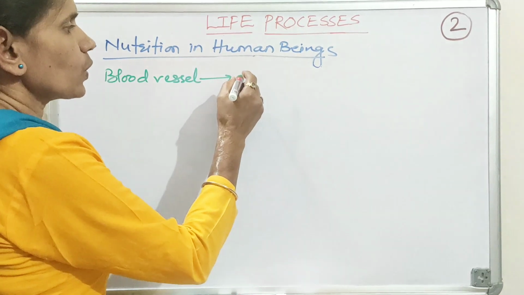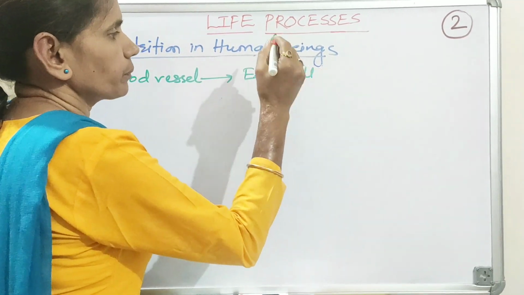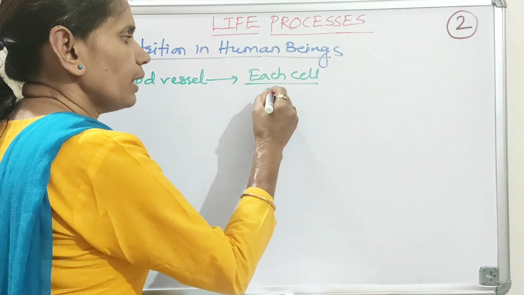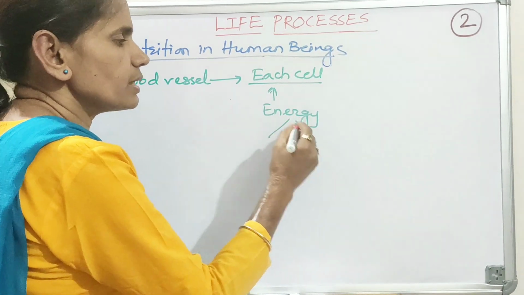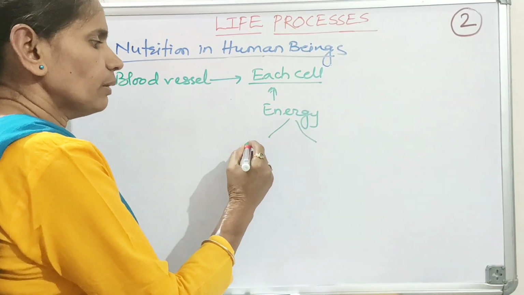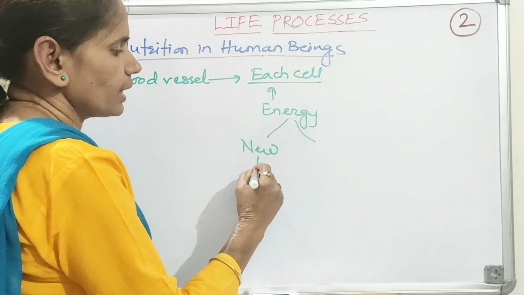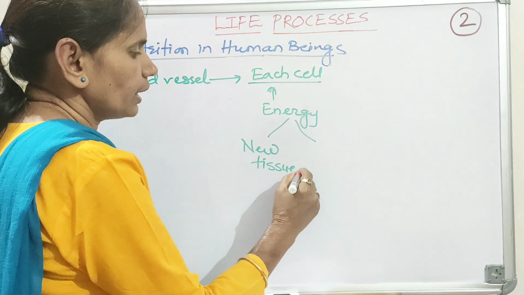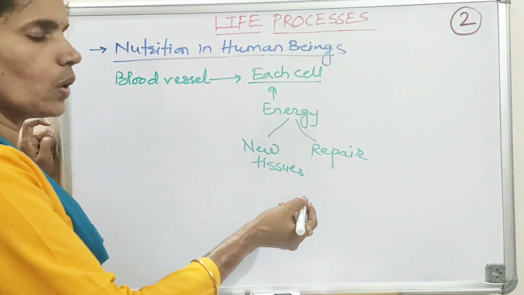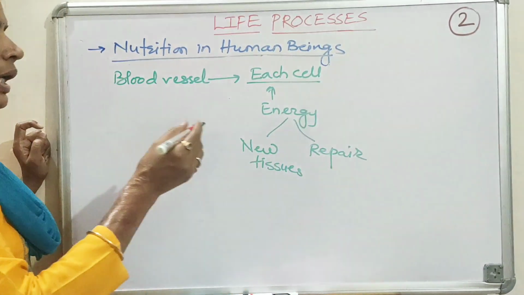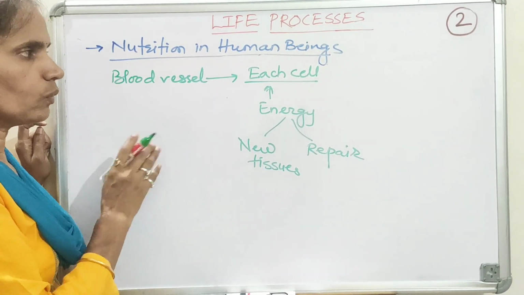They obtain the energy from this absorbed food, and they utilize this energy for the production of new tissues as well as the repair of damaged or old tissues. Now after that, the villi absorb the water.